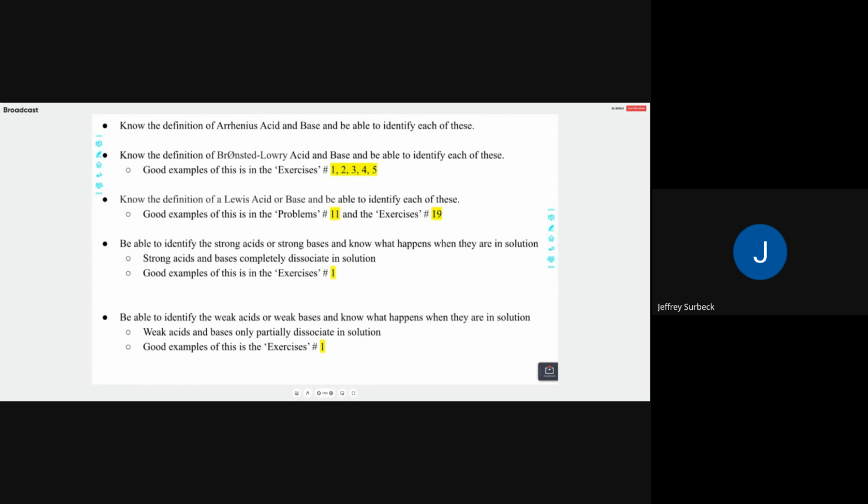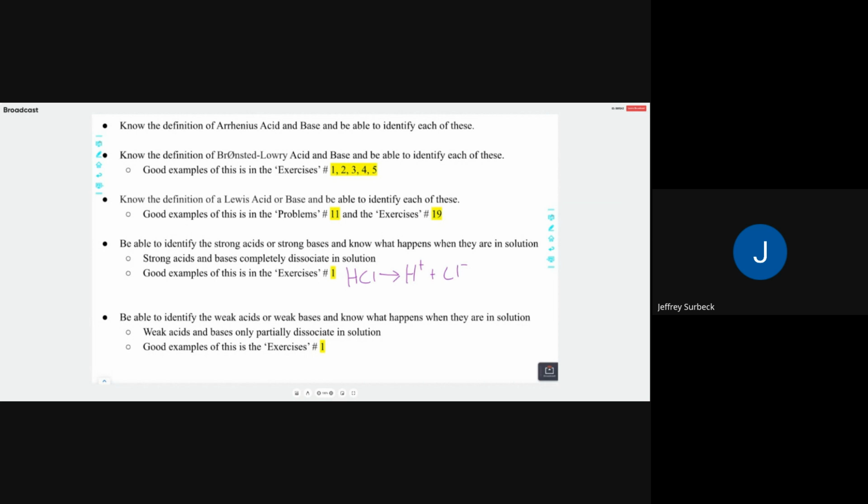You essentially have to memorize that list that was provided to you in notes, and know this, that if we have a strong acid, and let's use hydrochloric acid, a major thing with hydrochloric acid, when it's dissolved in water, it completely dissociates, which means it's going to break into our H plus and Cl minus. 100% of the H's are going to break apart from 100% of the Cl's.